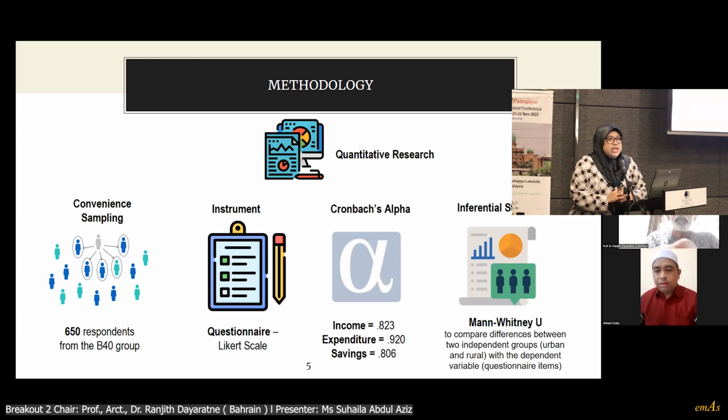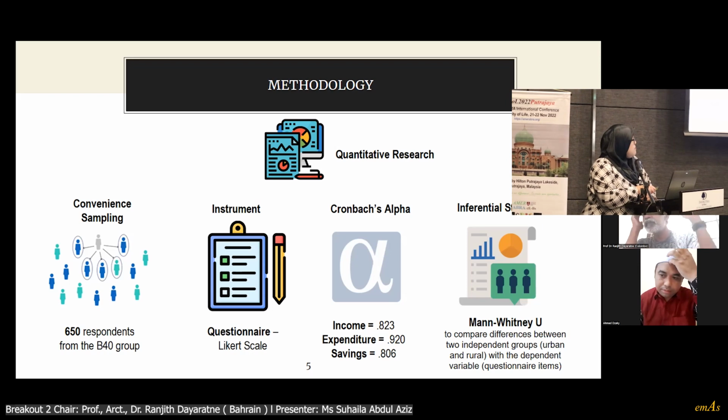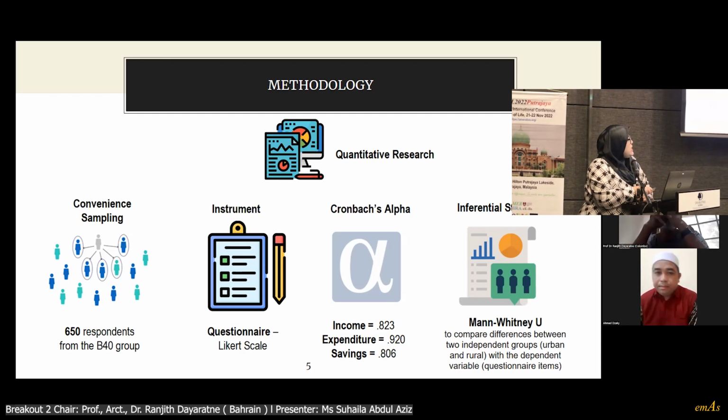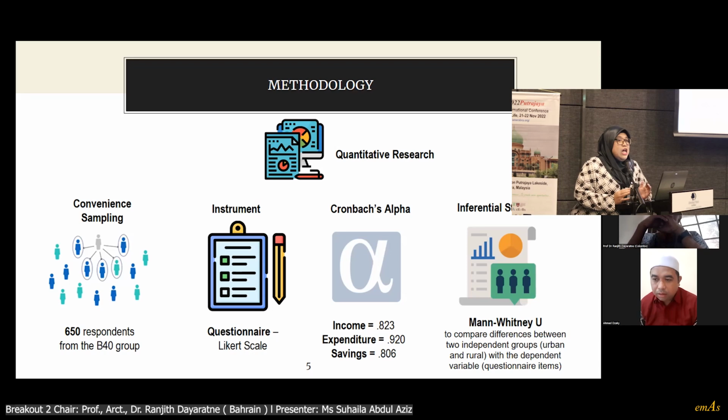Of course, we did reliability tests for our instrument, and the Cronbach's alpha of our instrument is 0.823, for income and expenditure 0.92, and for saving 0.806, which is actually a good number. According to Chua 2020, a good Cronbach's alpha value would be from 0.65 to 0.95.